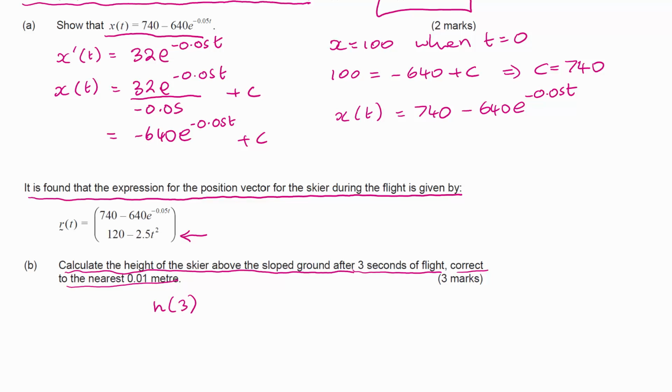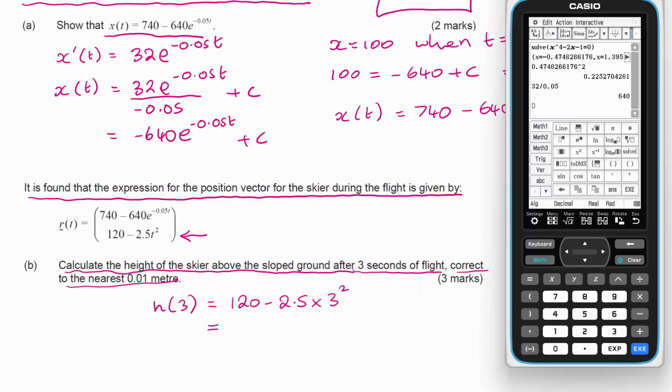Remember, that's the height above the horizontal ground. So it's going to be 120 take away 2.5 times 3 squared. So 120 take away 2.5 times 9 is 97.5.